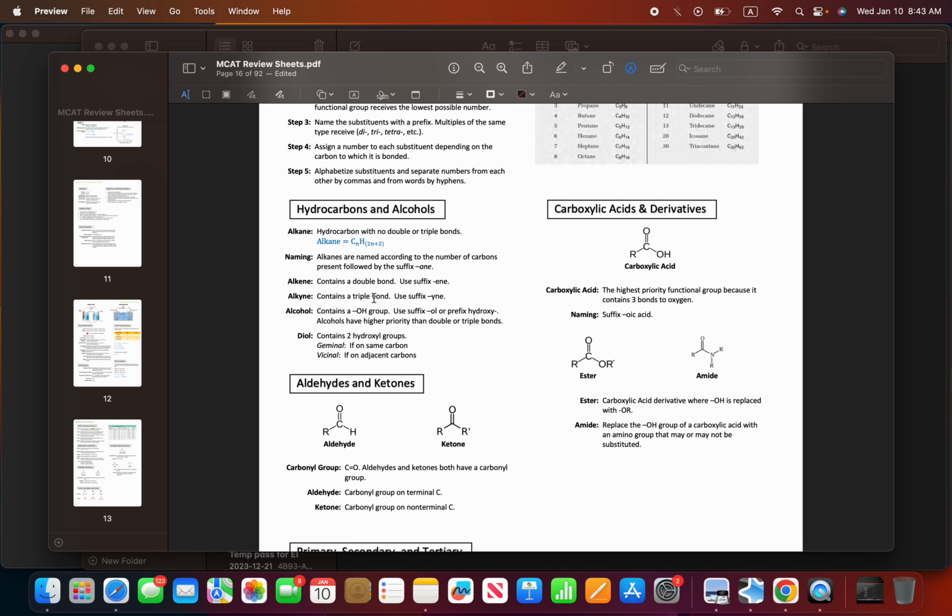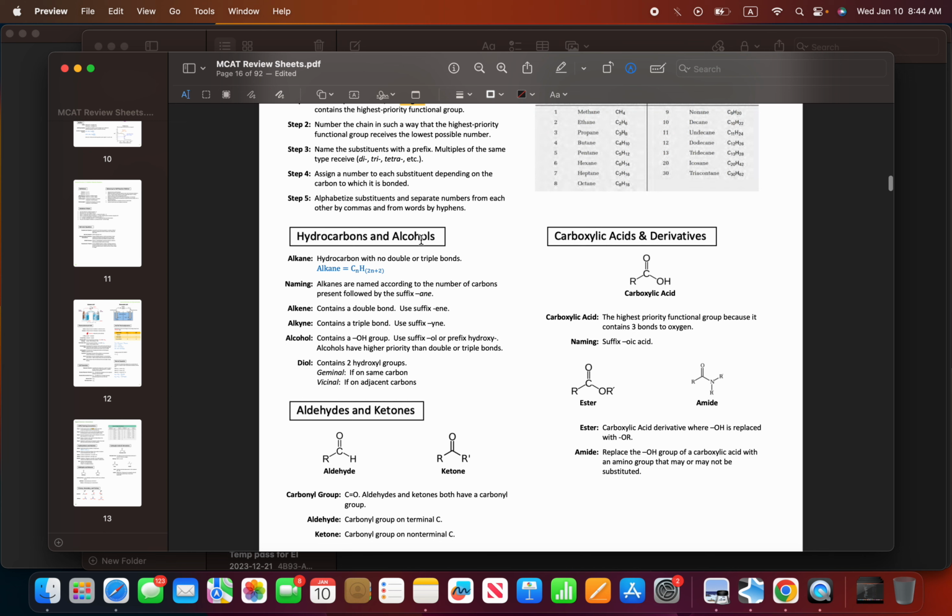So alkynes are triple bonds, alkenes are double bonds. For the naming of hydrocarbons and alcohols, alkanes are named according to the number of carbons present, followed by the suffix "ane." A hydrocarbon with no double or triple bonds is an alkane, CnH2n+2. So, for example, C2H6, because 2 times 1 is 2, plus 2 is 4, and so forth.